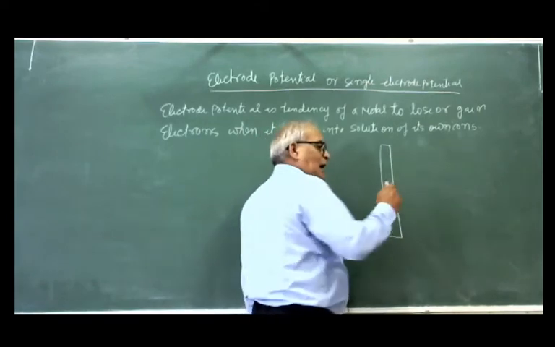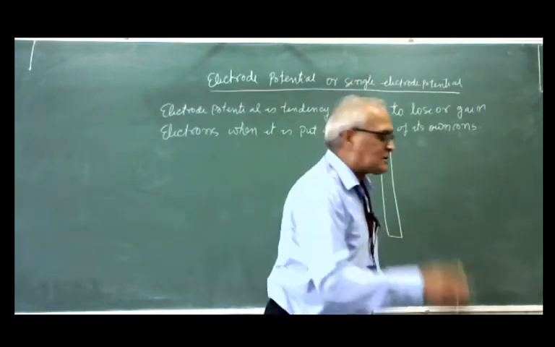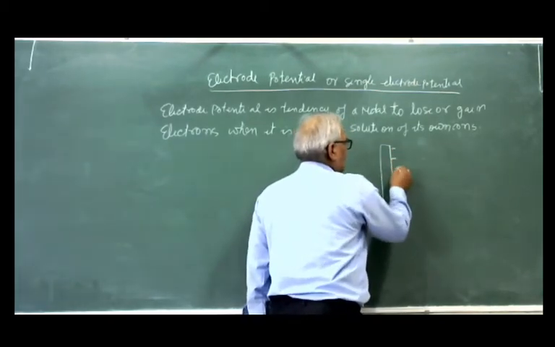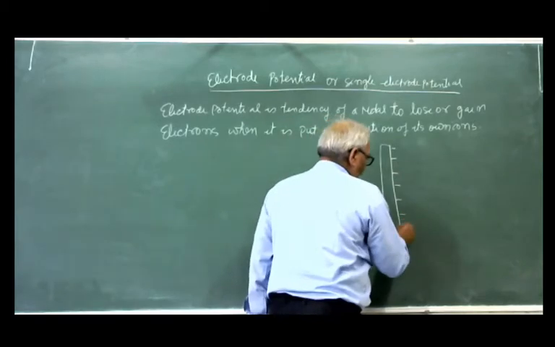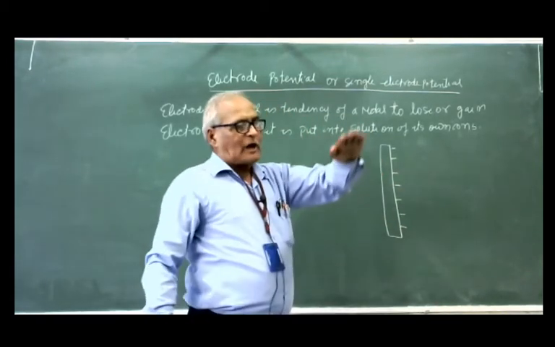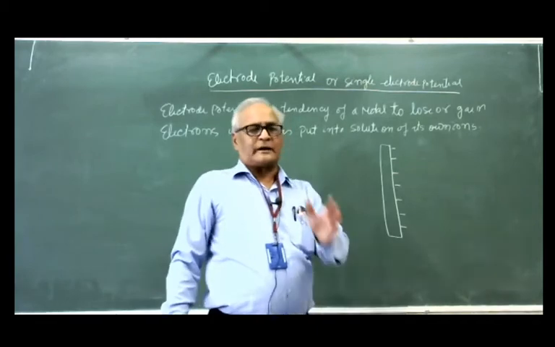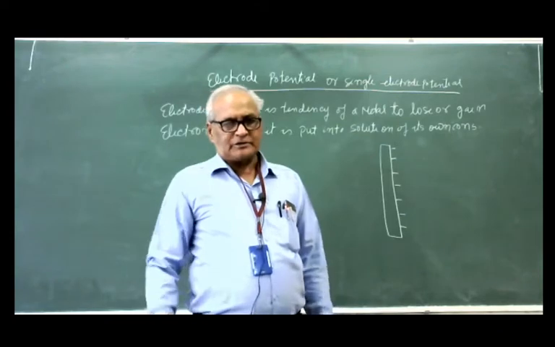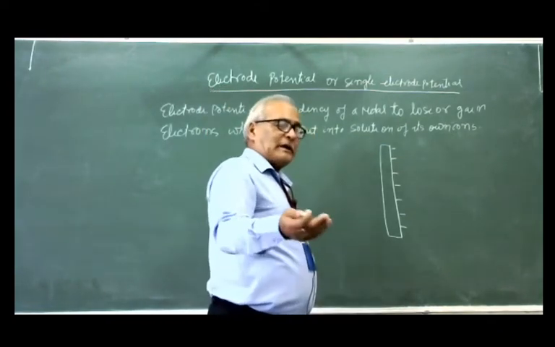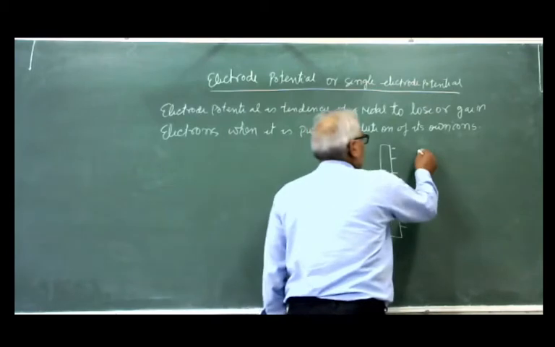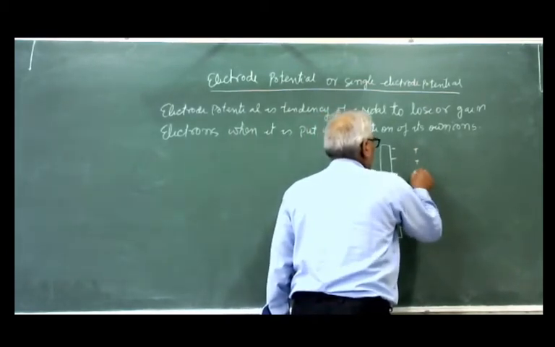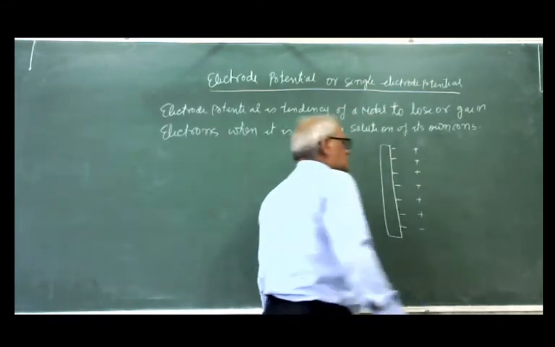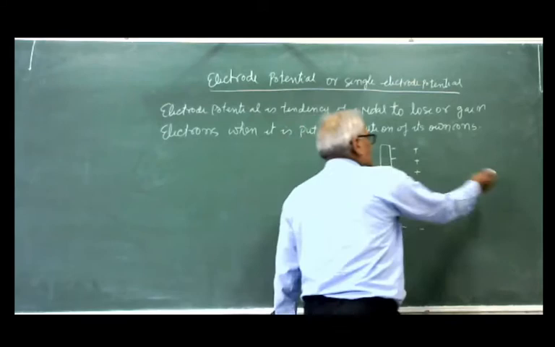This metal will have a tendency to lose electrons. Electrons come out, so negative, negative, negative, negative. In this way, all electrons accumulate over the surface of the zinc rod. Now in the solution, there are zinc ions having positive charge, so we can put positive, positive, positive like this. So exactly positive, negative.